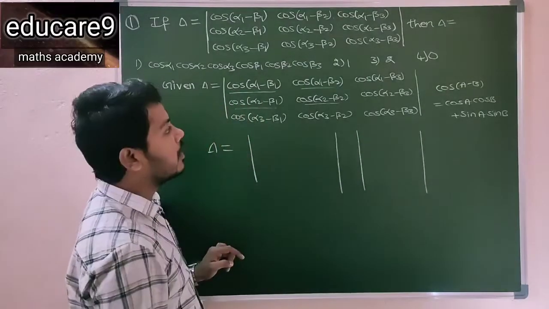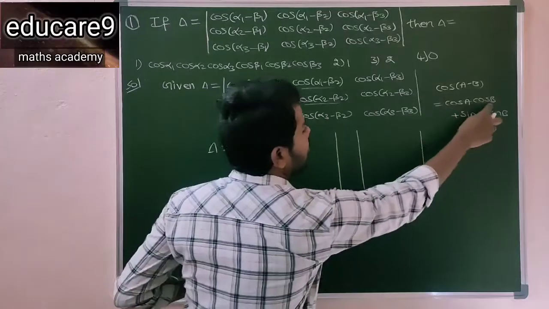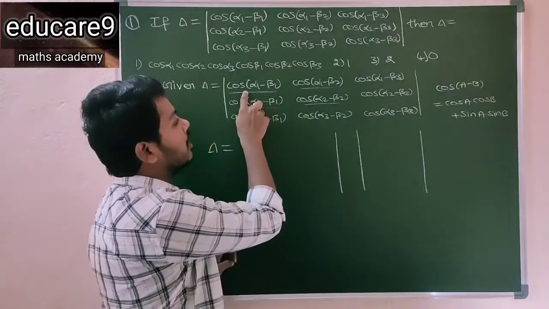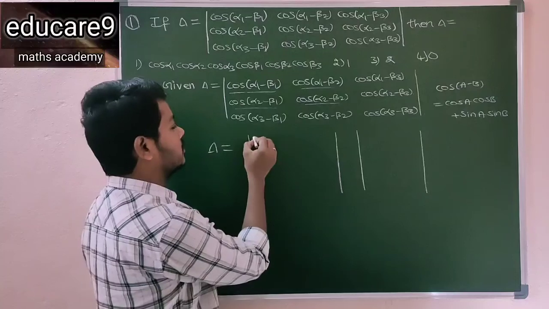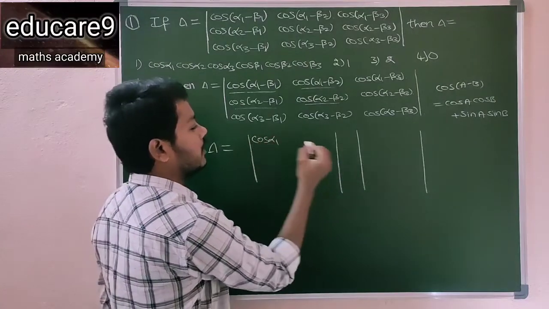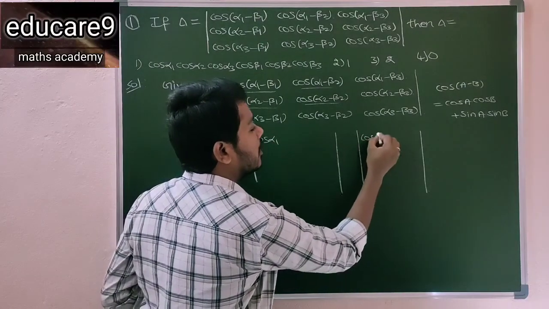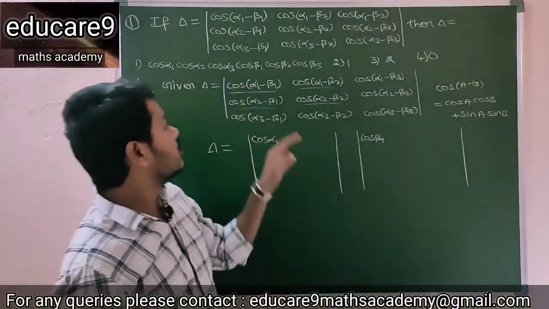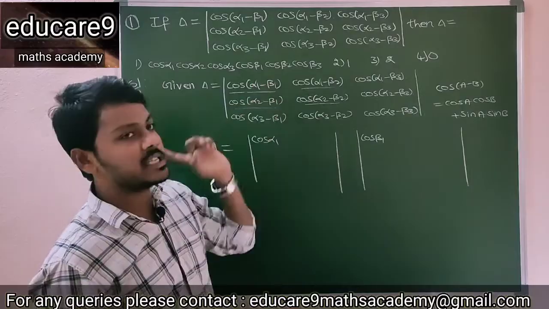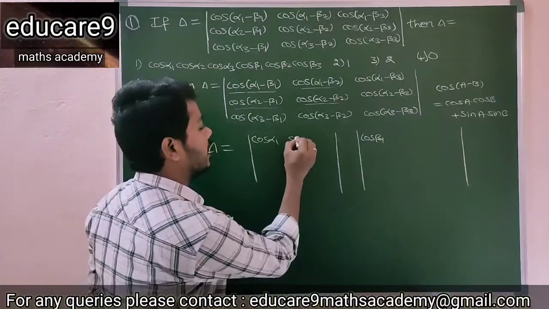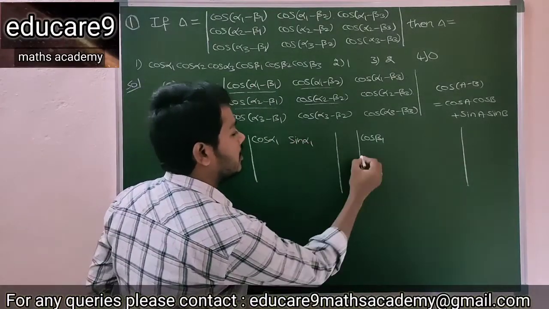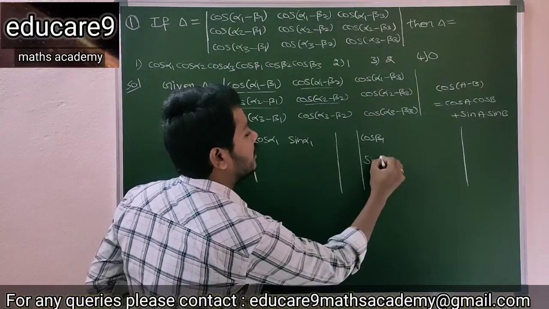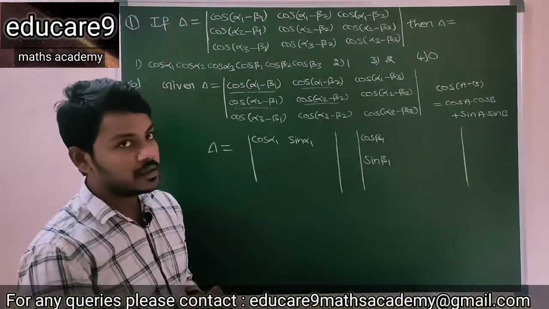So see here, cos A cos B, that is cos alpha 1 cos beta 1. So write here cos alpha 1, next here cos beta 1. Next one, sin A sin B, so clearly it gets sin alpha 1 sin beta 1. So write here sin alpha 1, here sin beta 1.